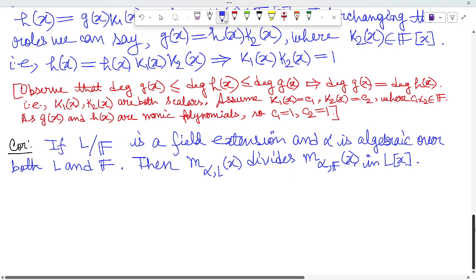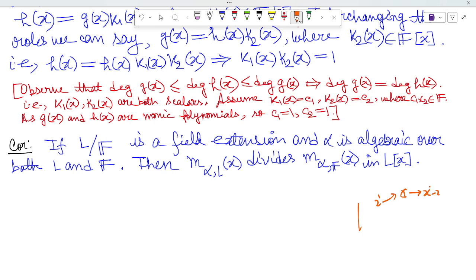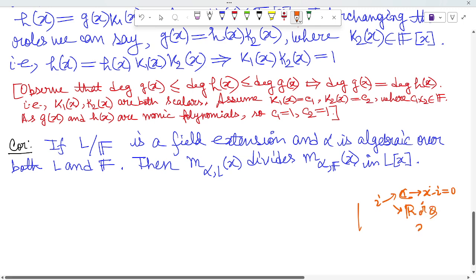For example, the example I stated a few minutes ago: i in C has minimal polynomial x minus i, and over R or Q it is x square plus 1. See, x minus i divides x square plus 1.